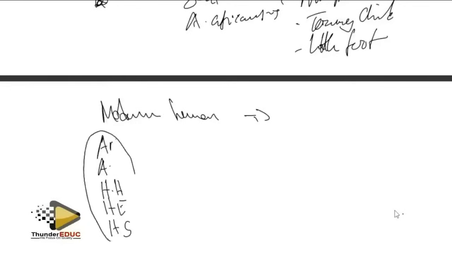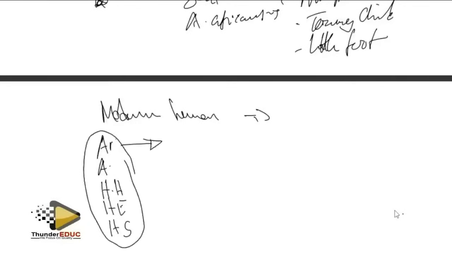Now, fossil evidence, you need to talk about a few aspects. You have to talk about Ardipithecus, Australopithecus, Homo habilis, Homo erectus, and Homo sapiens. This is what you're supposed to talk about.